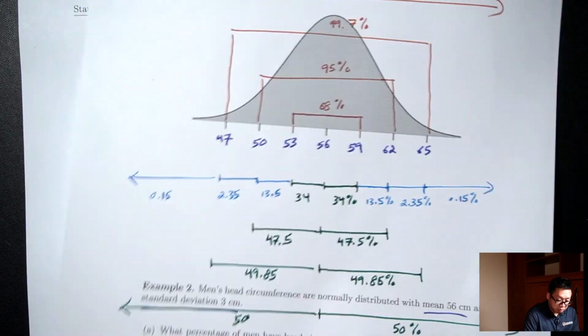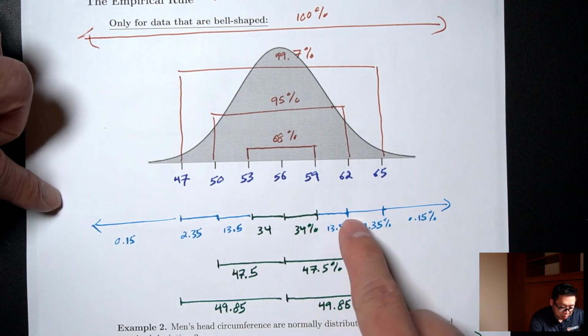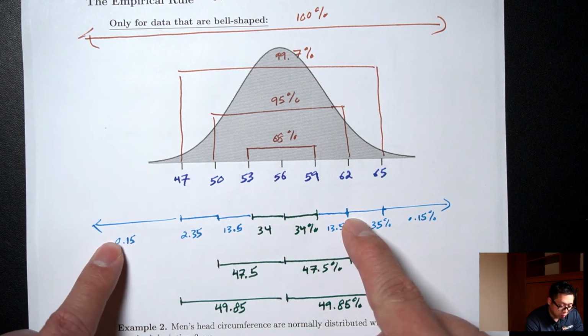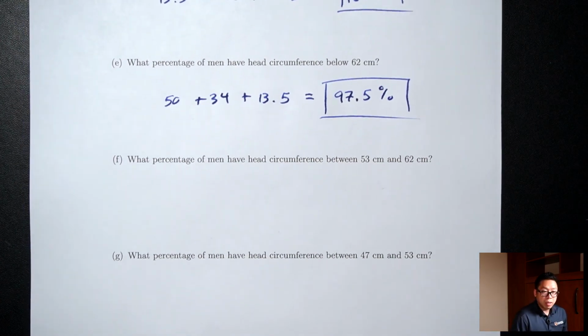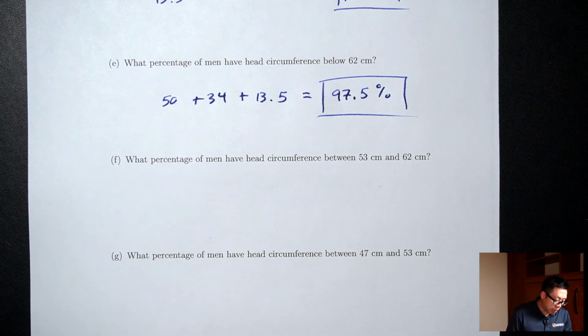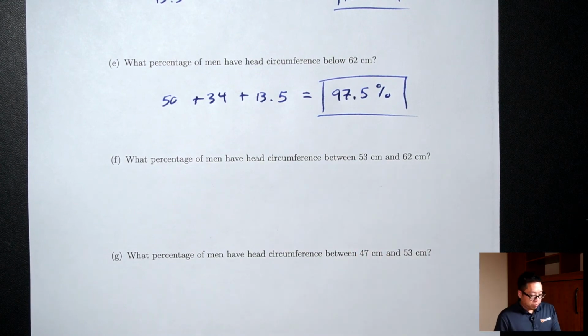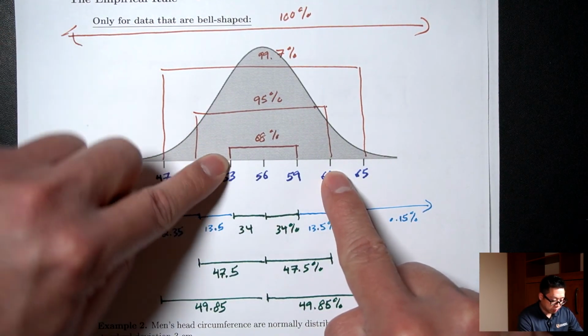Once again, you could also just go 62 all to the left and add up all these percentages: 13.5, 34, 34, 13.5, 2.35, 0.15. And you should still get 97.5%. F, what percentage of men have head circumference between 53 and 62? Here's 53, here's 62.